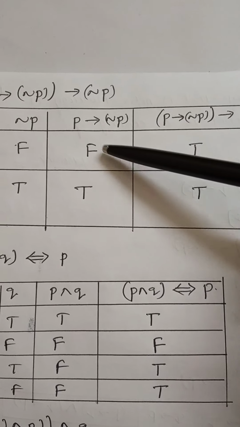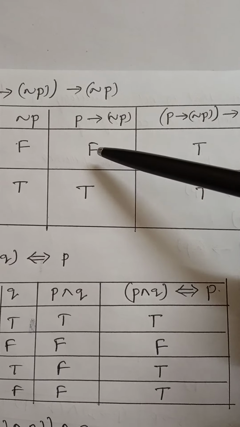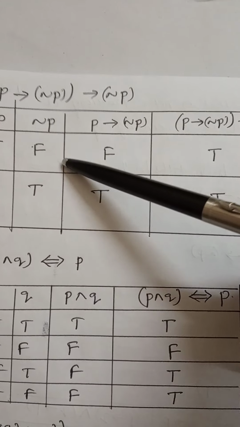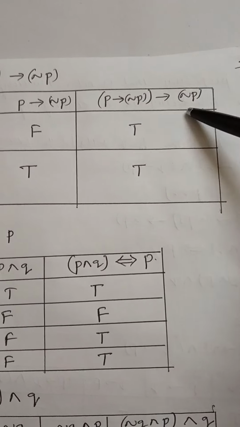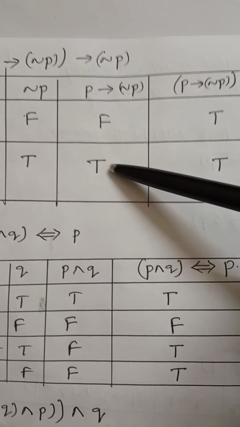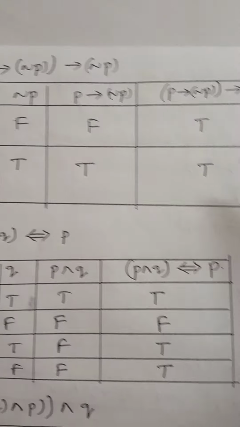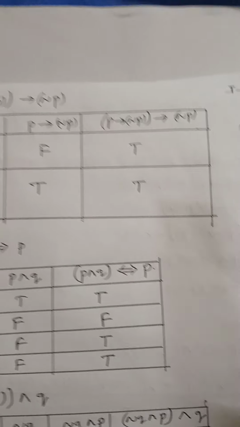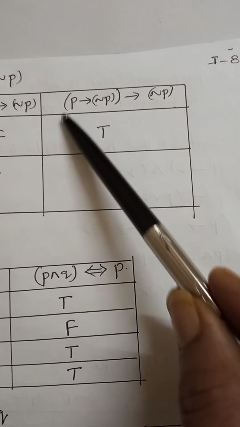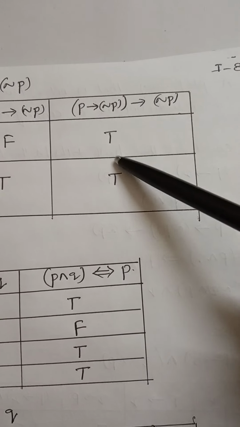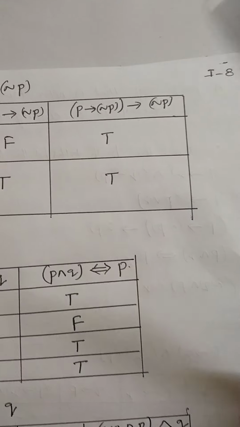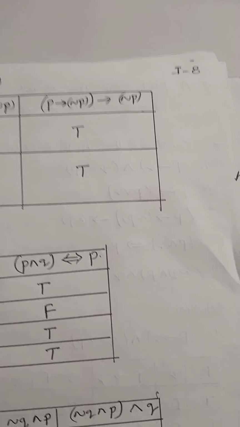First of all you have to concentrate on this column, right? F implies F. What is the truth value? True. True implies true. Answer is true. Now this is a given propositional function which has the truth value true for all possible truth values.